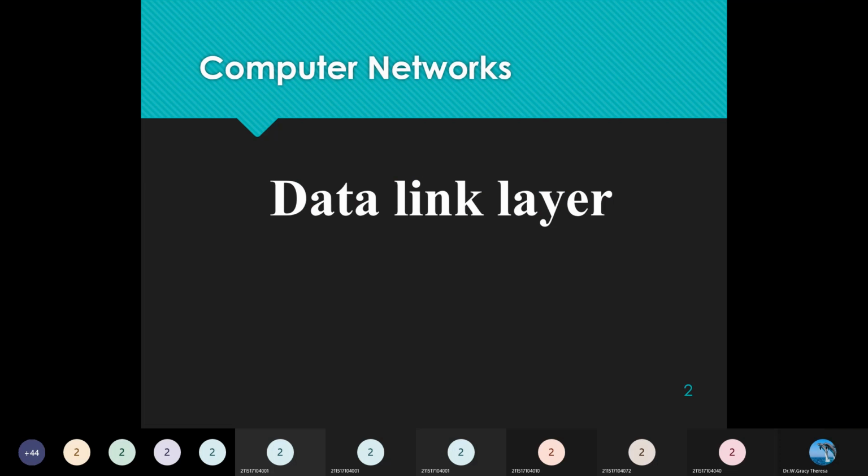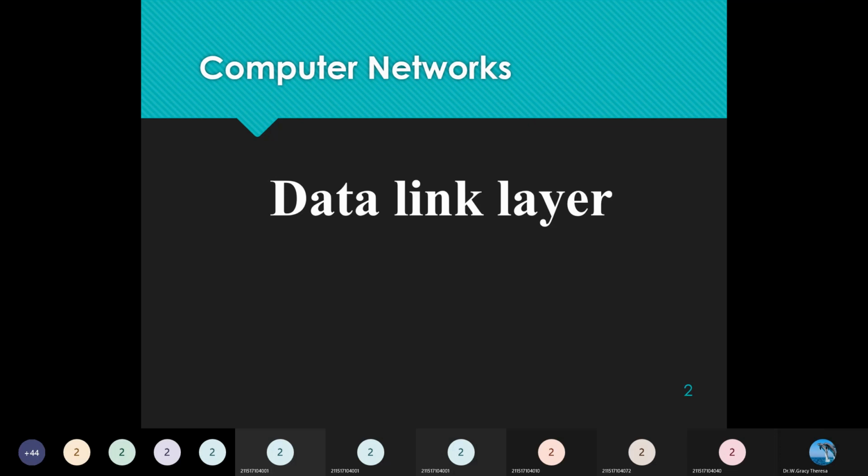As we all know, the data link layer is the second layer of the OSI model, and of course the first layer is the physical layer. The physical layer deals with the representation of bits, how these bits are transmitted from the source to the destination using different transmission media, what type of links and topologies we are going to use for sending the data, as well as the different formats of the data, and whether the media is wired or wireless.